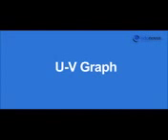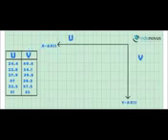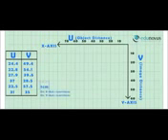UV graph, concave mirror. Using the values of U and V, draw a graph by taking U on the negative x-axis and V on the negative y-axis. We select a suitable scale. On the x-axis, 1 centimeter is equal to 10 centimeters. On the y-axis, 1 centimeter is equal to 10 centimeters.